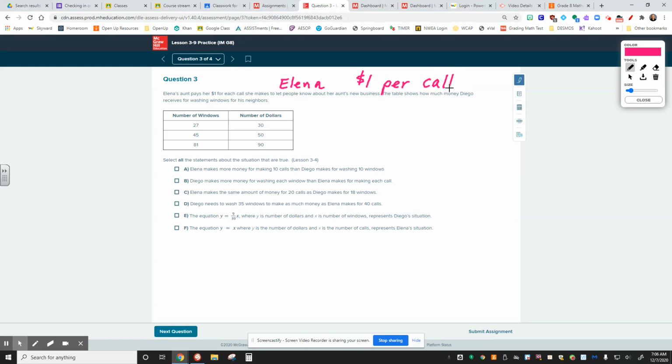And then Diego, we're not sure about him, but we know that for any number of windows, he's making a certain amount of money. So in this case, Diego is looking at $30 for 27 windows, $50 for 45 windows, $90 for 81 windows. I think the most important thing that we should figure out is: is this a proportional relation or not?